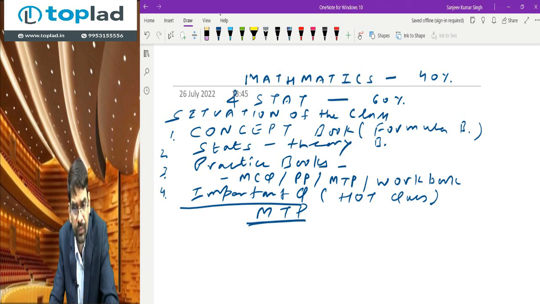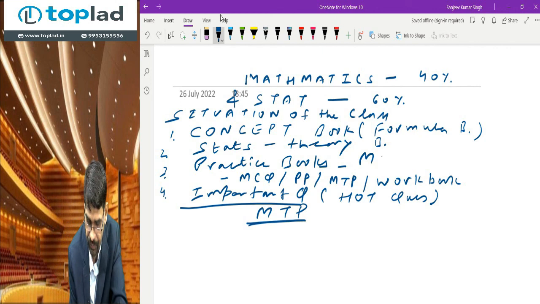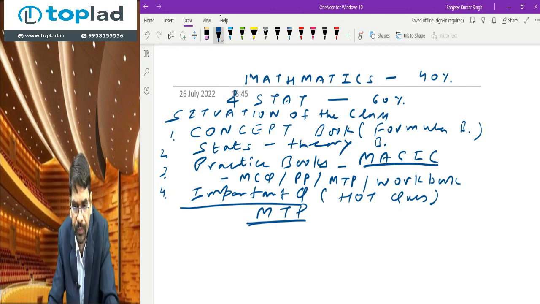This practice book covers all the questions asked in past year papers, in mock test papers, and in workbooks. All the questions asked from different areas and different books, we will compile and provide as the practice book. You can say this book is a magic book.